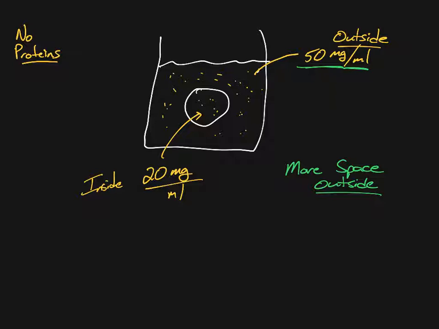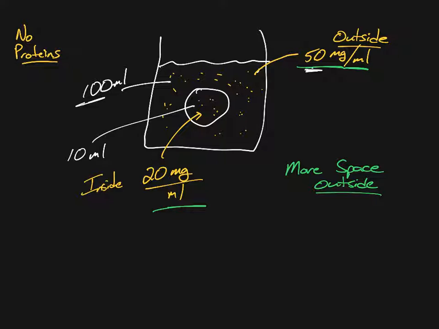How can we compare the concentrations if there's more space outside than inside? We standardize it. We create a ratio. That's what this means. There could be 100 milliliters out here, and 10 milliliters in here. But for every 1 milliliter outside, there's 50 milligrams.